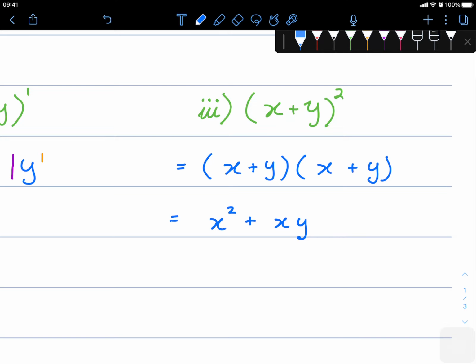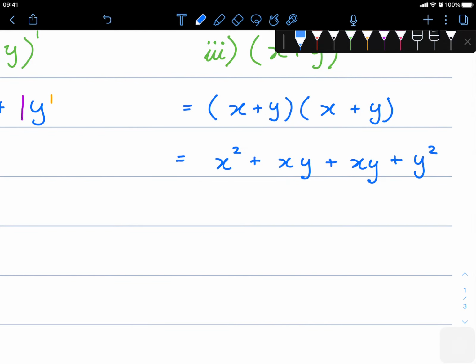Y times x, we can just write it as xy, plus y times y is y squared. We're going to simplify this and write it as x squared plus 2xy plus y squared. Once again, I'm going to emphasize these. The powers are 2, 1, 1, 2, and the coefficients are 1, 2, and 1.